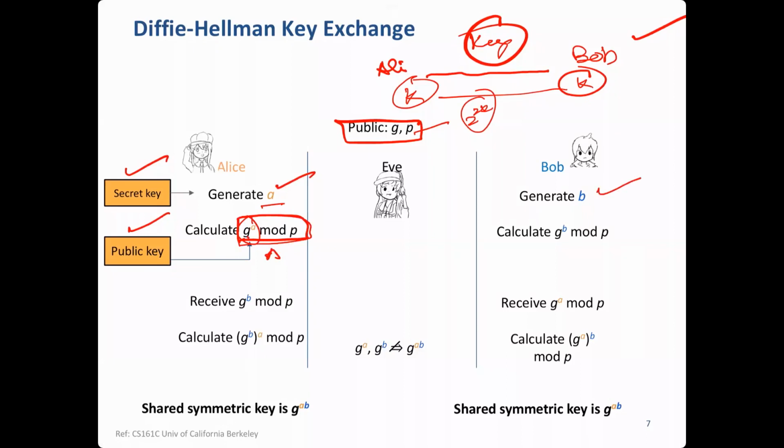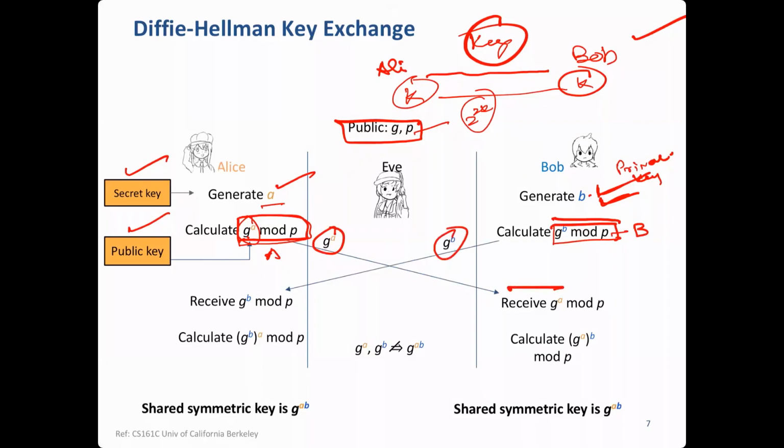Similarly, Bob first gets key B, which is a private key, and he generates it randomly; of course it has to be less than P. Then he calculates from this his public key. Now both of them exchange these. So Alice exchanges her public key with Bob, and Bob exchanges his public key G raised power B with Alice.